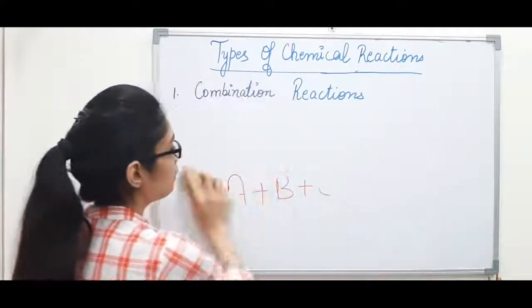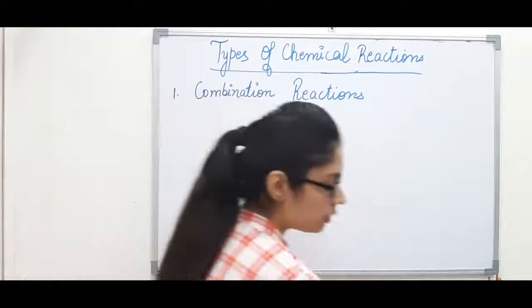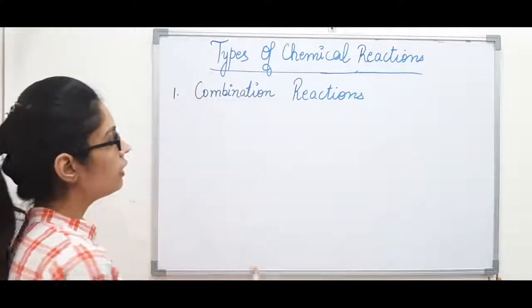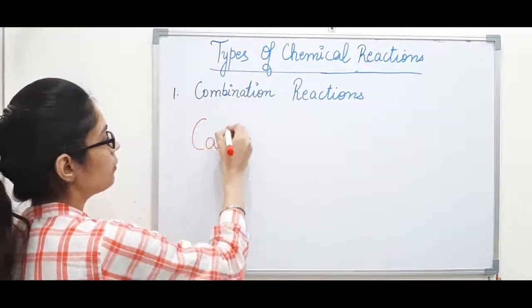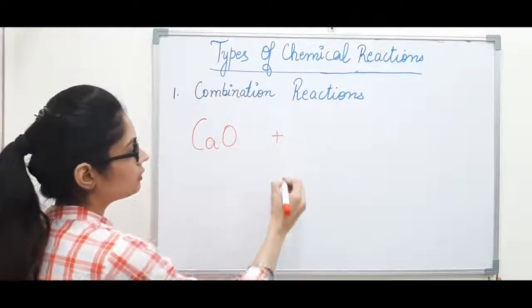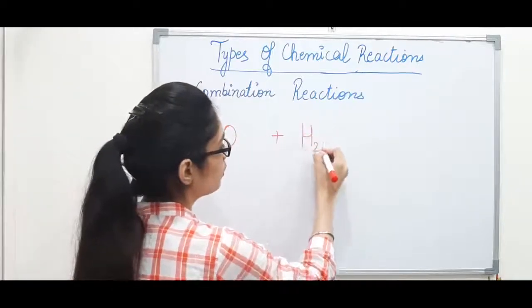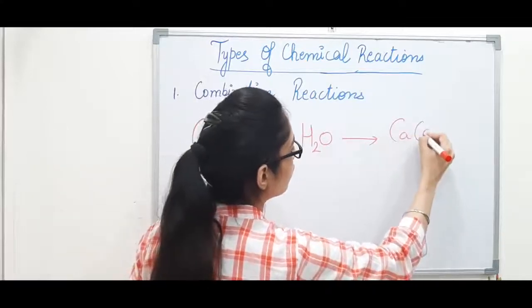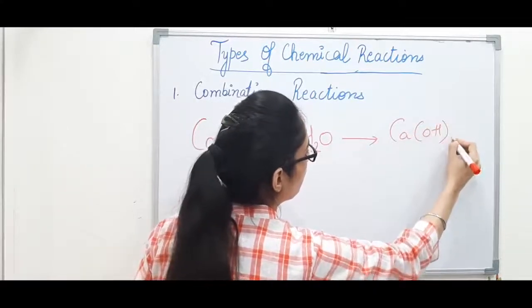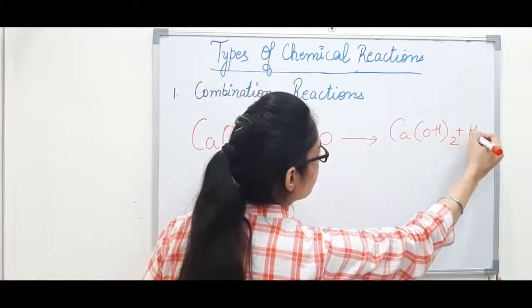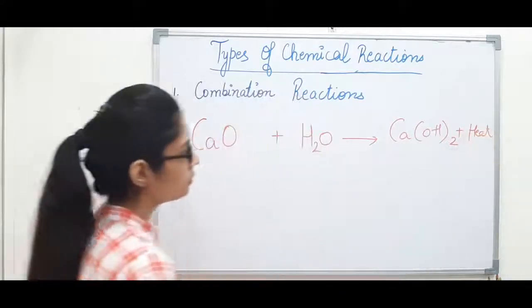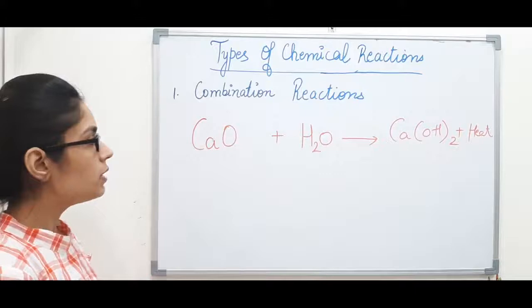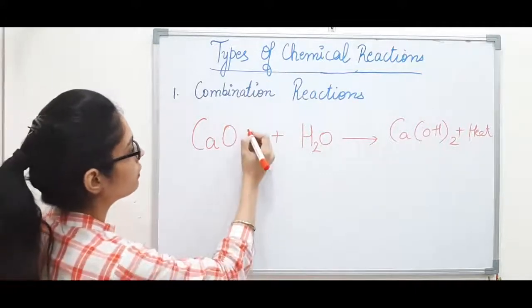The first example I want to take, which is the same as given in your book, is calcium oxide plus water. It will give me calcium hydroxide plus heat. Now if I observe this equation, let's write the states first.